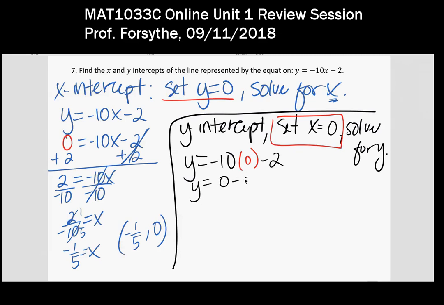So we have y equals 0 minus 2, so y equals -2. As a point, that would be 0, comma, -2. So those are your x and y intercepts. The x-intercept is -1/5, and the y-intercept is -2.